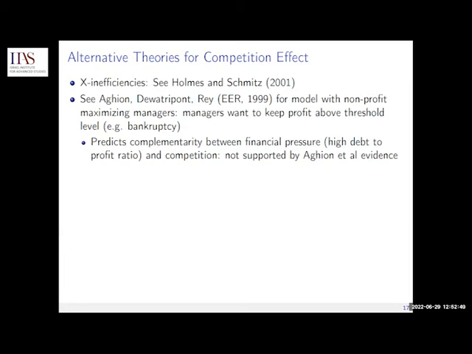But once you introduce X inefficiencies, then you have a way of explaining that. You can say there's some kind of inefficiency, so that before the firm wasn't innovating and it should have been, due to some kind of agency problem.